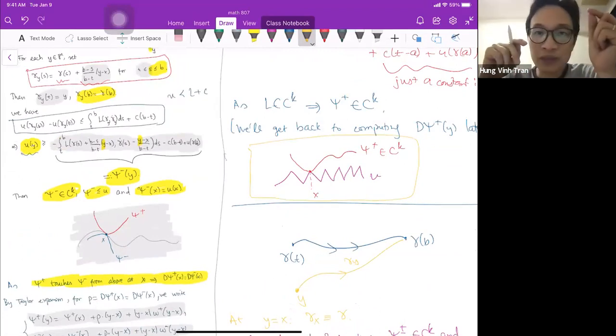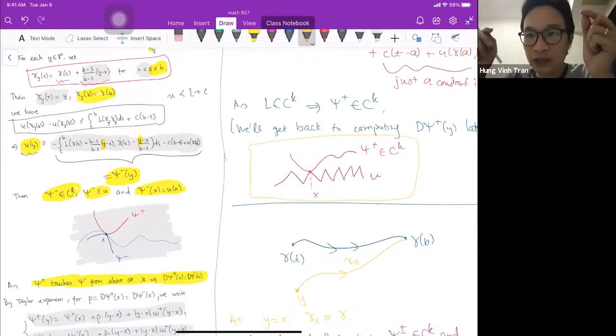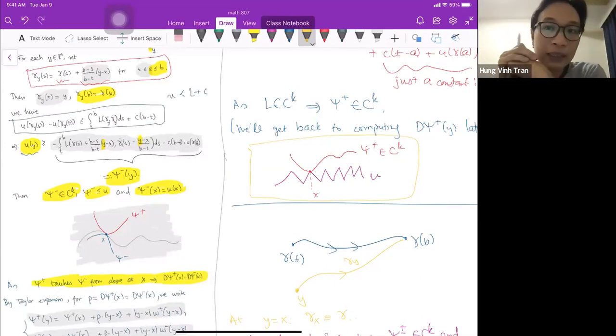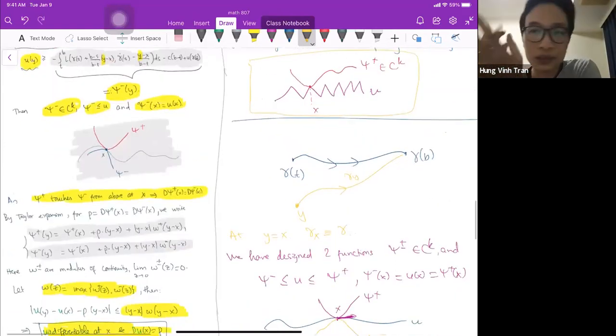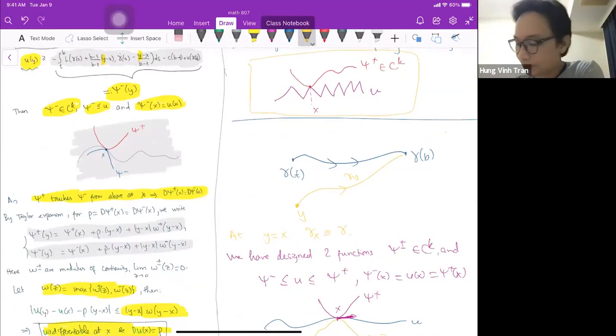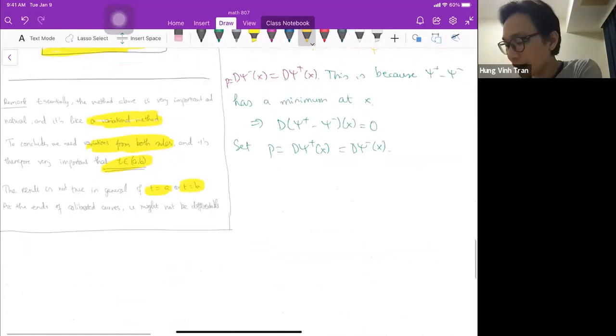So touching it from above or below by a smooth function doesn't guarantee that the function is differentiable there. However, if we can touch it from both above and below at that point, then it's surely guaranteed. And that's exactly the proof using Taylor expansions or the modulus of continuity. Okay, and that's the idea.